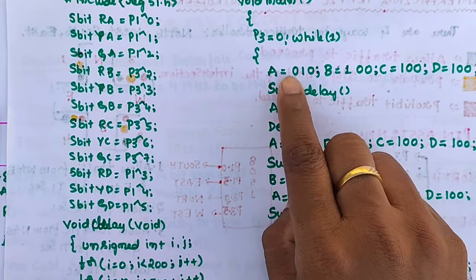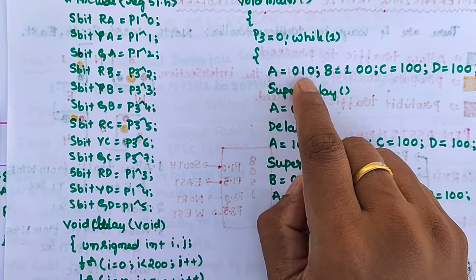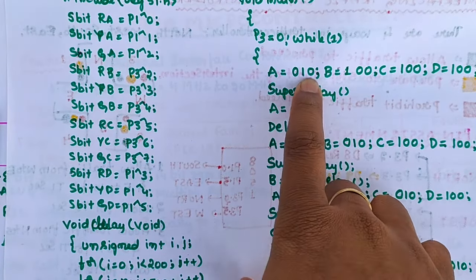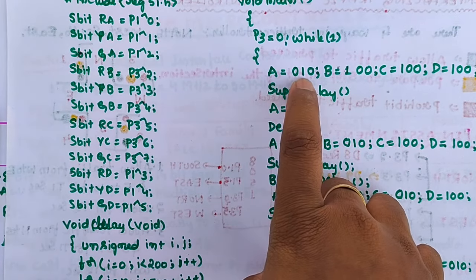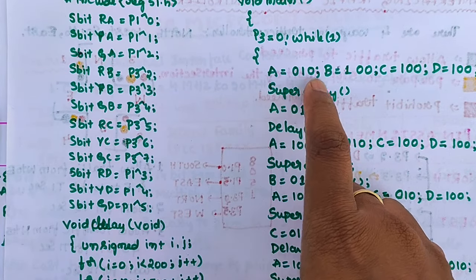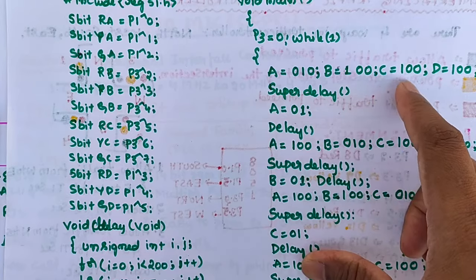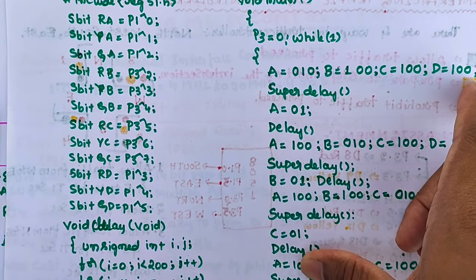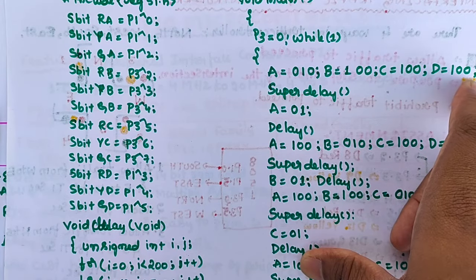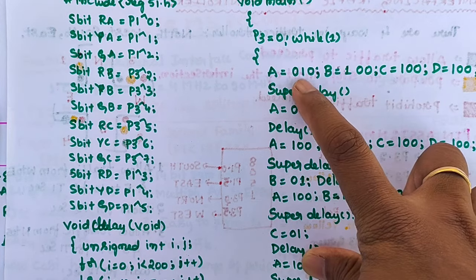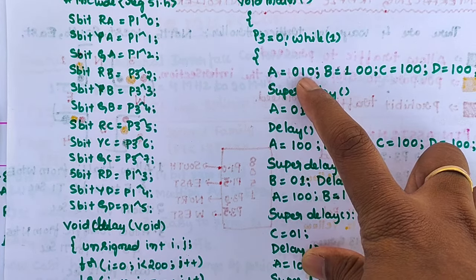Before that, the north way is ready, that is in the yellow condition, not yet green, and the remaining ways are in the red condition. Only the north way is now in the ready state.